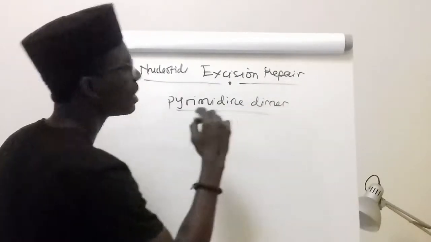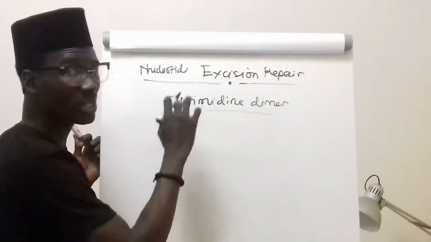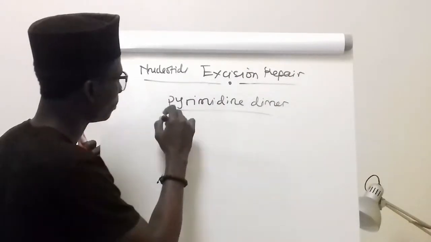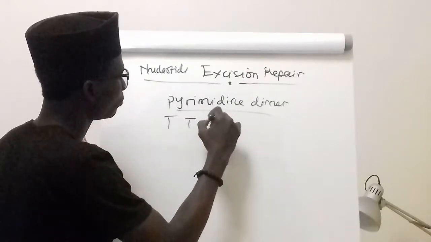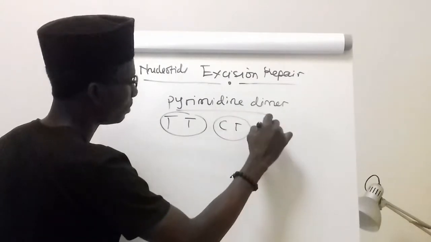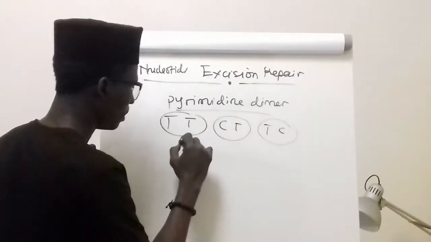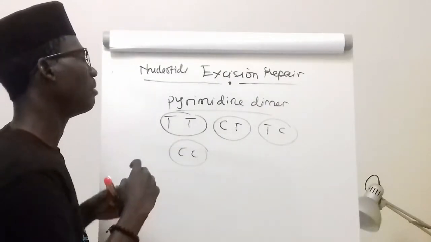These are caused by sunlight. Like I told you, cytosine and thymine are pyrimidines. So thymine and thymine can form a dimer, or cytosine and thymine, or in the reverse order, or cytosine and cytosine. This is what we mean by pyrimidine dimers.